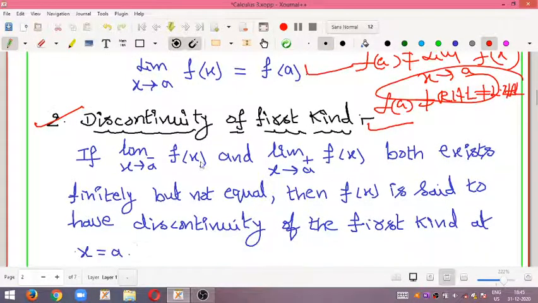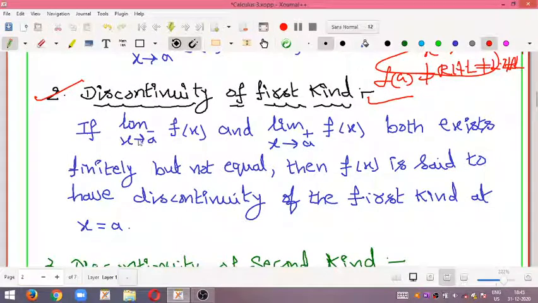Discontinuity of the first kind. See here, the limit as x tends to a minus of f of x, that means this is the LHL value, left hand limit, and the limit as x tends to a plus of f of x, that means this is the RHL, right hand limit. Both exist.